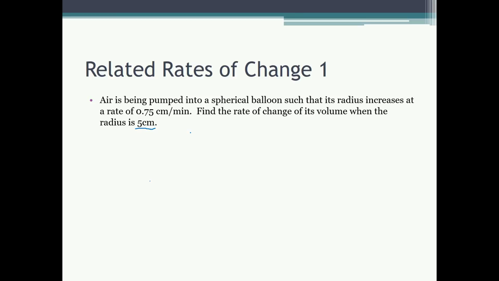Now in this case we've got two pieces of information provided. We've got the rate of change of its volume when the radius is 5, and the other thing we've got is that the radius increases at a rate of 0.75.